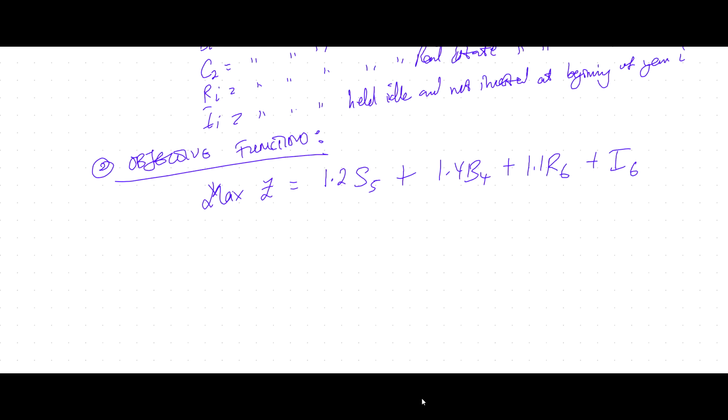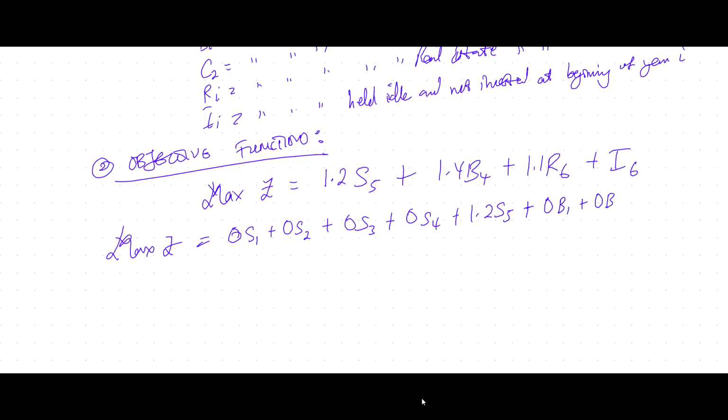Again, if we are to present this in the general form, it will be Z equals 0X1 plus 0X2 plus 0X3 plus 0X4 plus 1.2X5, plus 0B1 plus 0B2 plus 0B3 plus 1.4B4, in that order.